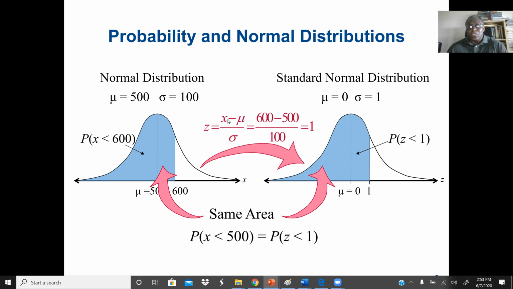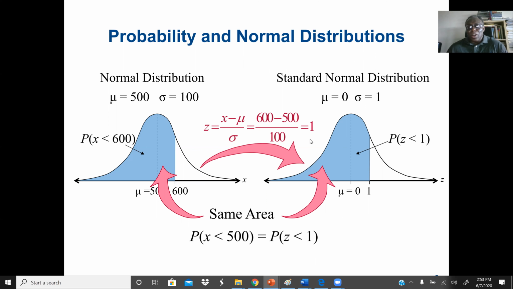So z-score is X minus mu over the standard deviation. X is our random variable value, which in this case is 600. So we have 600 minus 500, where 500 is our mean, divided by the standard deviation, which is 100. 600 minus 500 gives us 100, and 100 divided by 100 gives us 1.